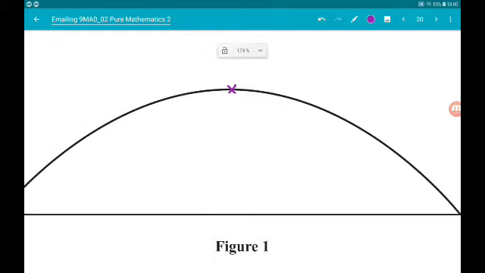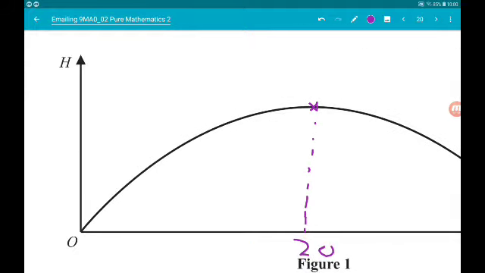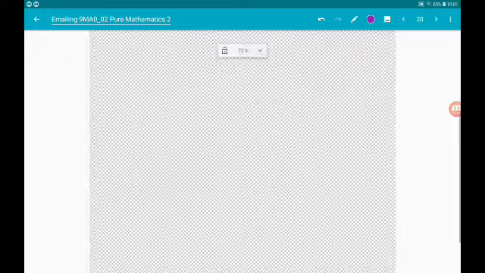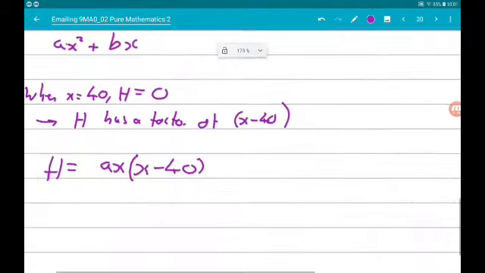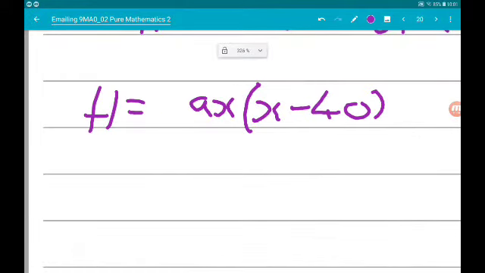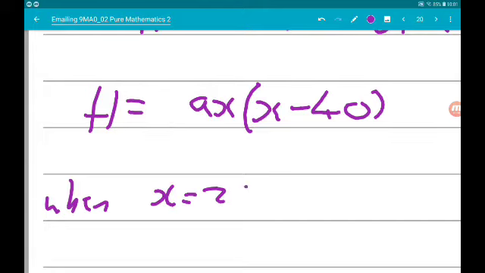So that's going to be at x equals 20 and y is 12. So we also know then when x equals 20, h is 12.